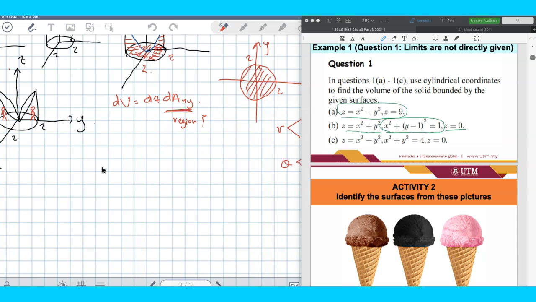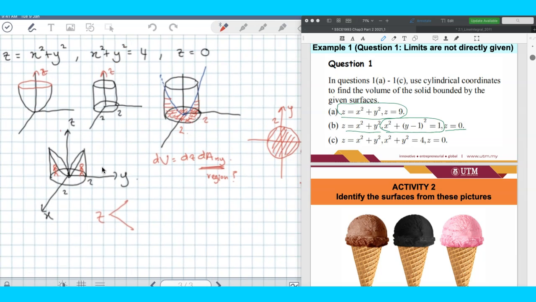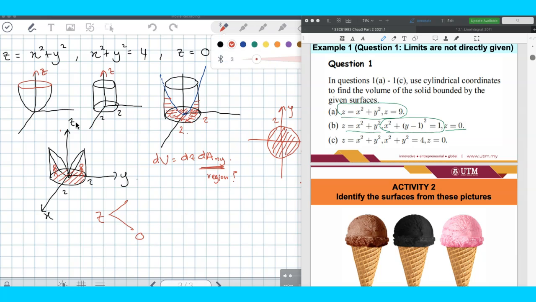How about the limit of z? Because the lower bound is mentioned here, the lower bound is z equal to 0, which is the floor. Your upper bound is the surface, which is part of the bowl, so you have to put the bowl equation.